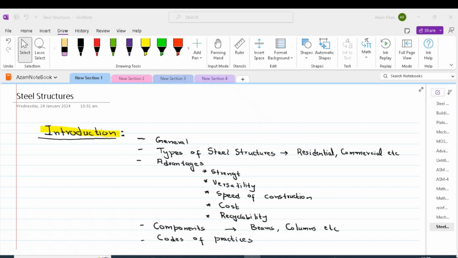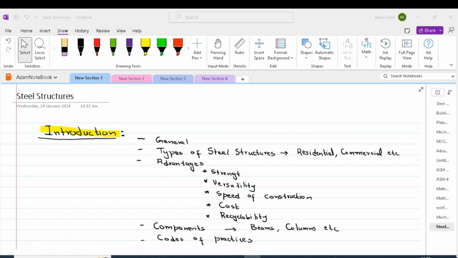Steel is often used in residential construction for framing, beams and columns. It provides a high strength to weight ratio and allows for open and flexible floor plans. Similarly, many commercial structures such as office buildings and shopping malls use steel for their framework.